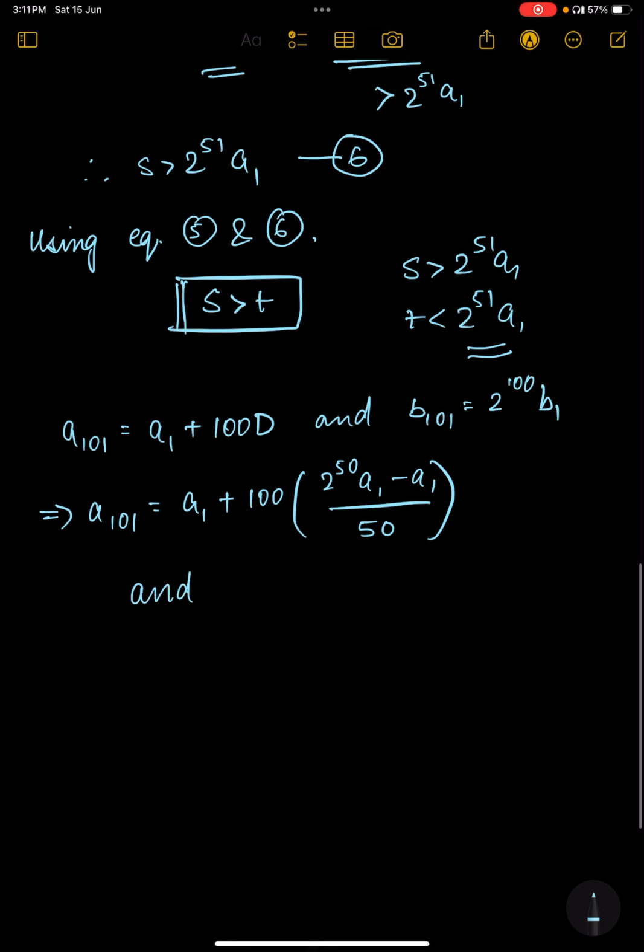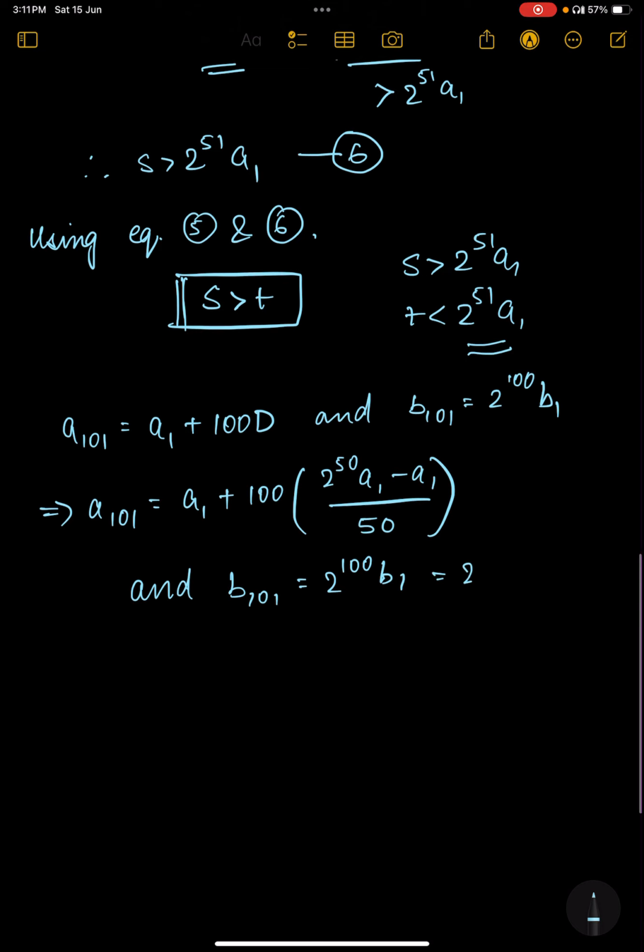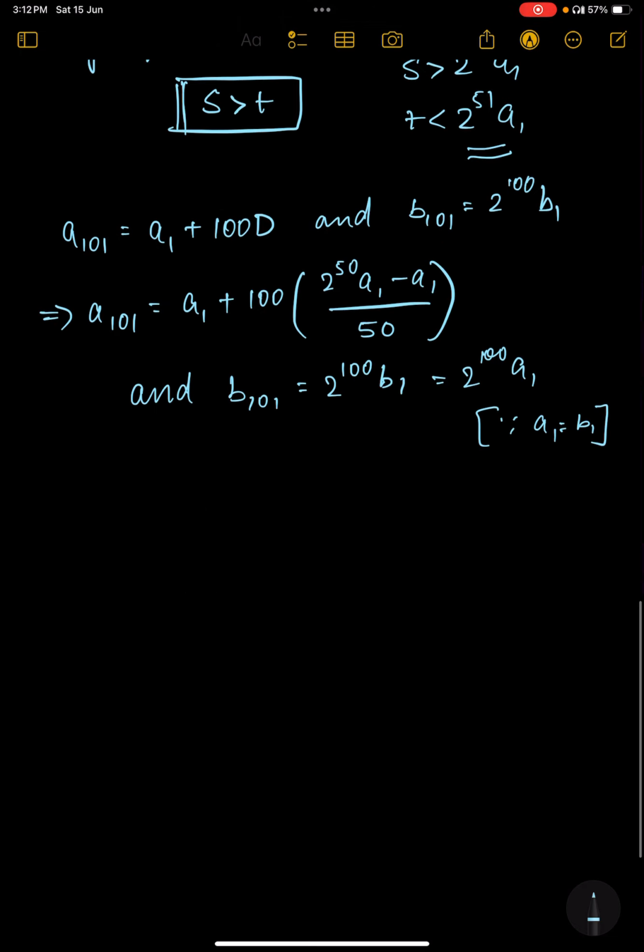And B101 is equal to 2 power 100 B1, or maybe I can now write it as 2 power 100 A1, because A1 is equal to B1, this is given to us.